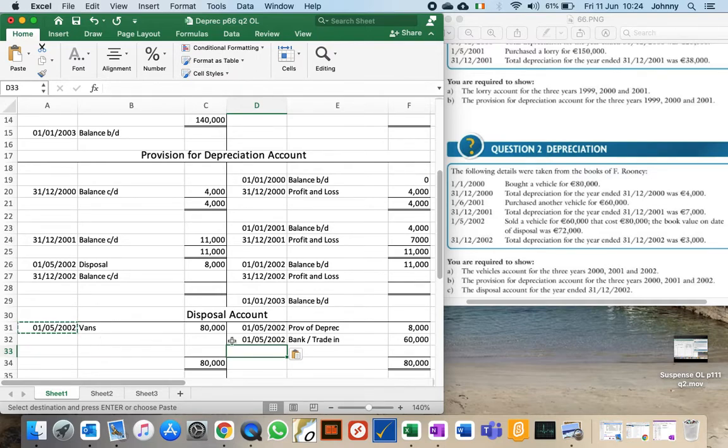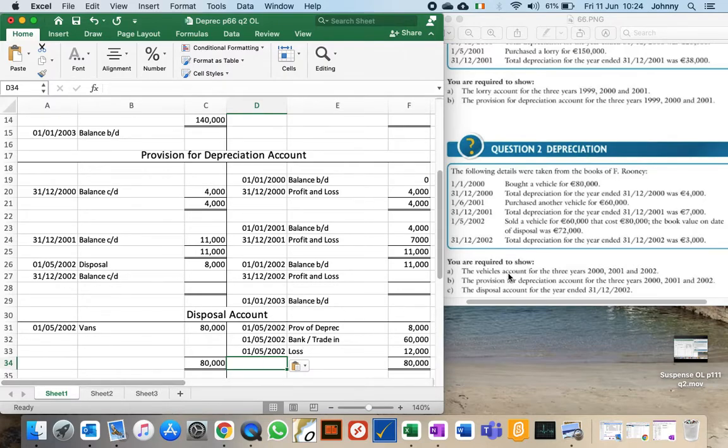In this case, we have less on the credit side, so we have a loss. And the loss is the difference between the two sides: 80 grand minus 60 and minus 8. So we've made a loss of 12 grand, and just put the date in there as well. That makes the two sides add up to be the same.